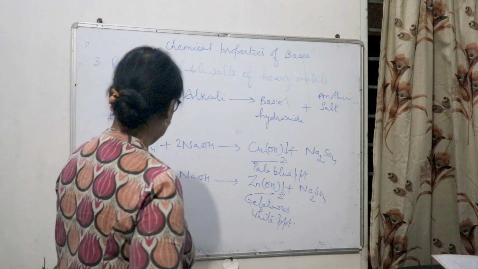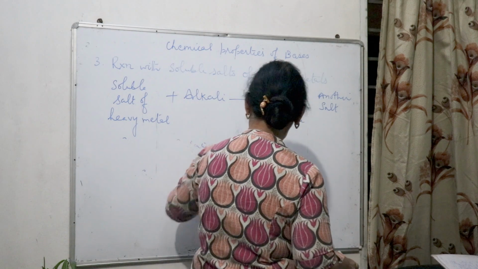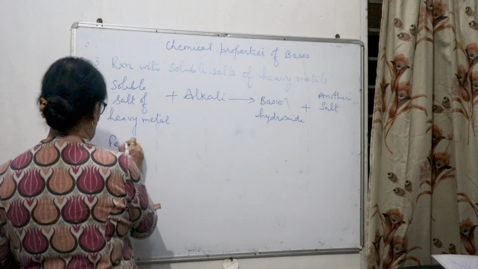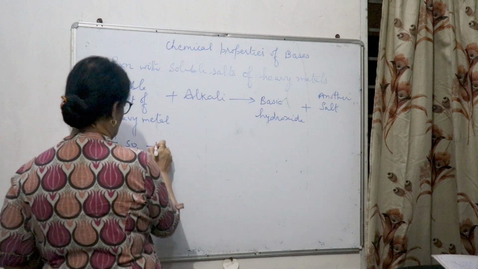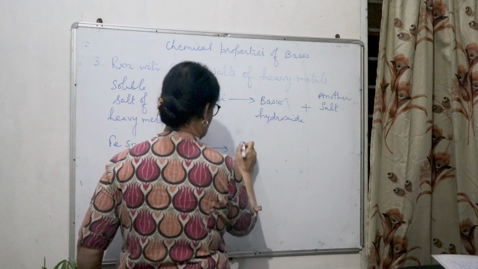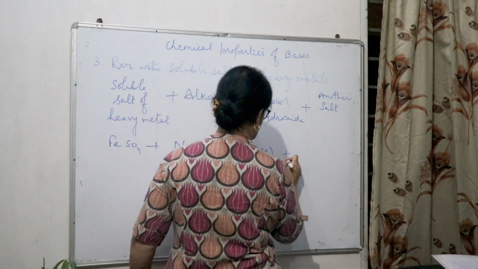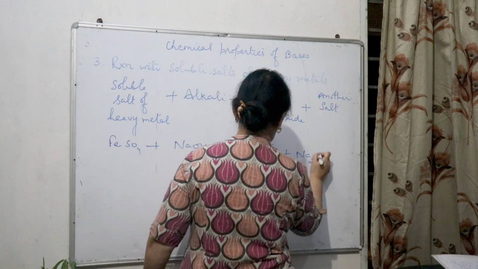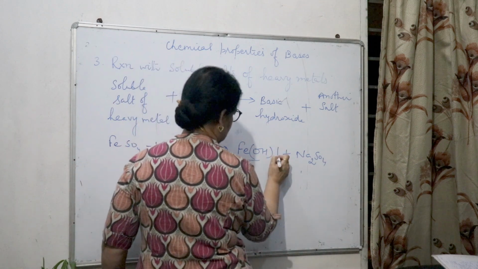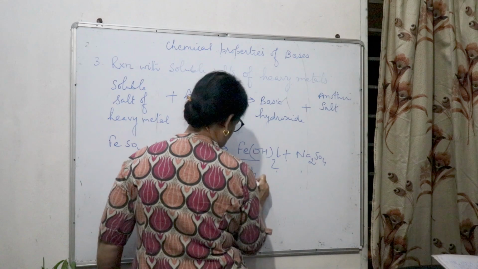Next is ferrous sulfate plus alkali, that is NaOH, gives Fe(OH)2 plus Na2SO4. And this Fe(OH)2 is a PPT, that is dirty green PPT.